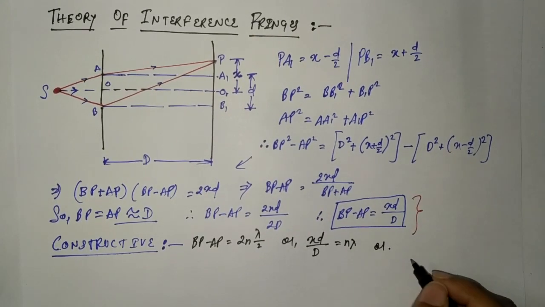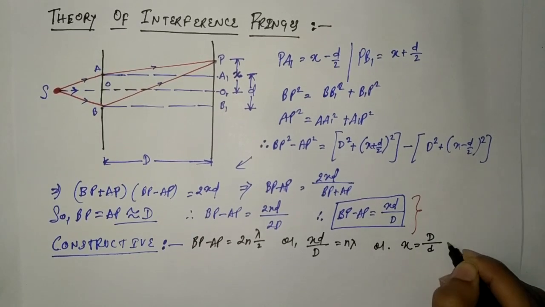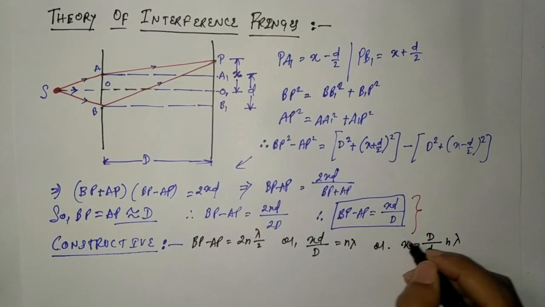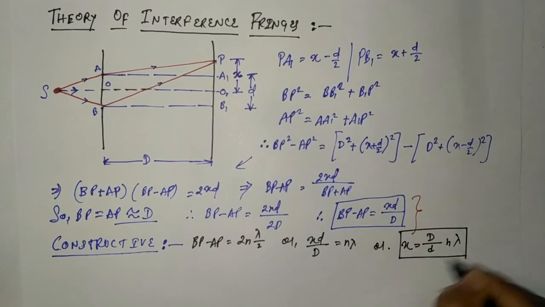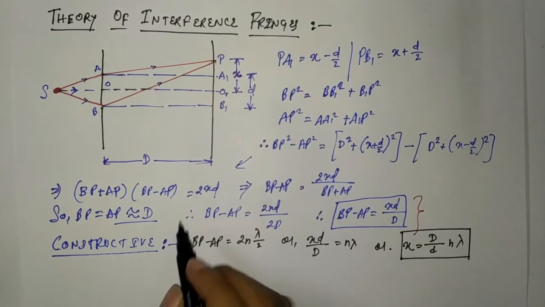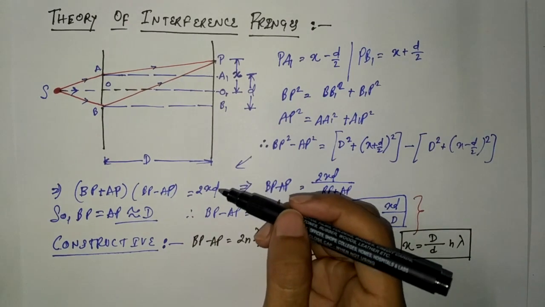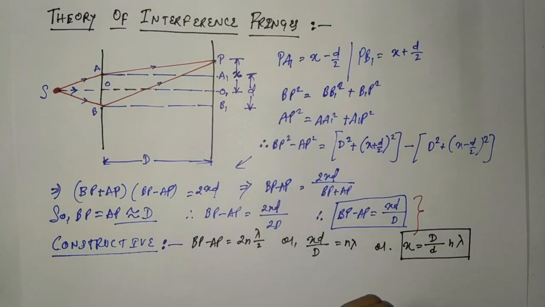Or we can arrive at the conclusion that x equal to capital D by small d into n lambda. This is an important conclusion for the path difference. Here n equal to 0 is for central bright fringe that I have drawn previously, and n equal to 1 for the first order bright fringe, and so on.